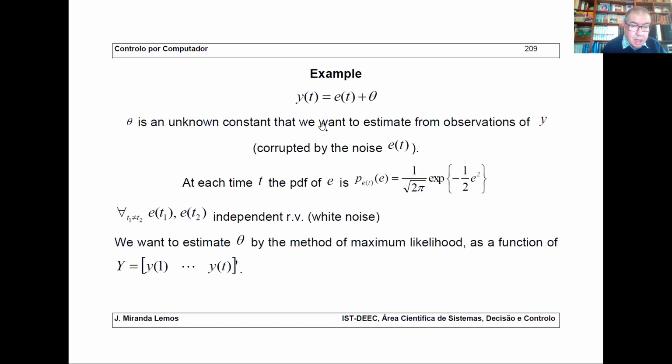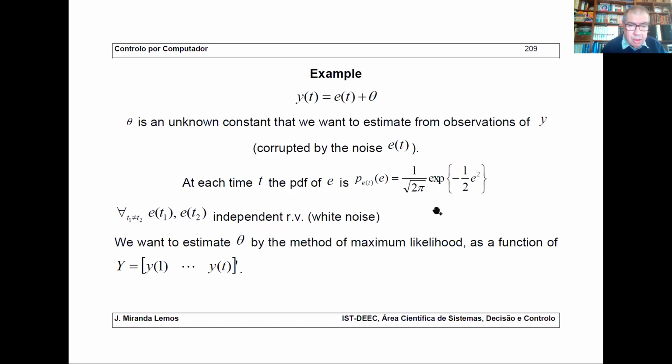Now, suppose that we know the probability density function of E, and we assume it is of this type. Actually, this is a Gaussian zero mean unit variance Gaussian probability density function, but that's immaterial.